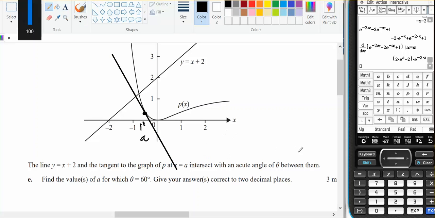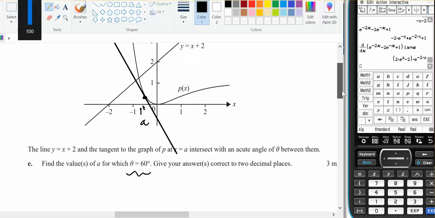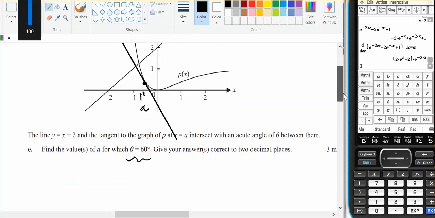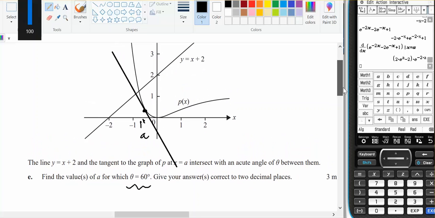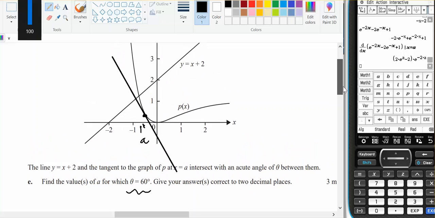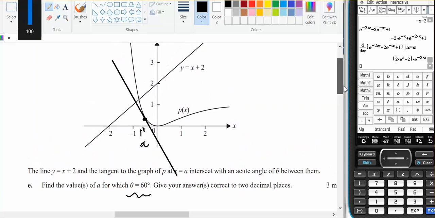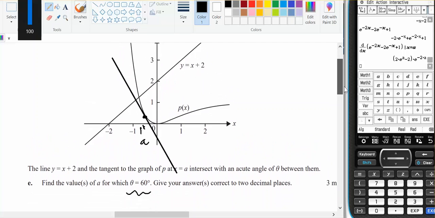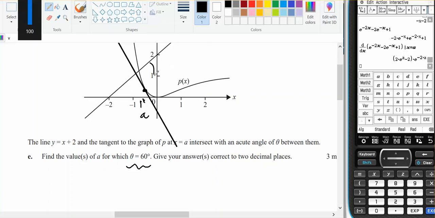Okay, find the values of a which give theta to be 60 degrees. So we're looking at this being theta, and I want that to be 60 degrees, the acute angle between them.